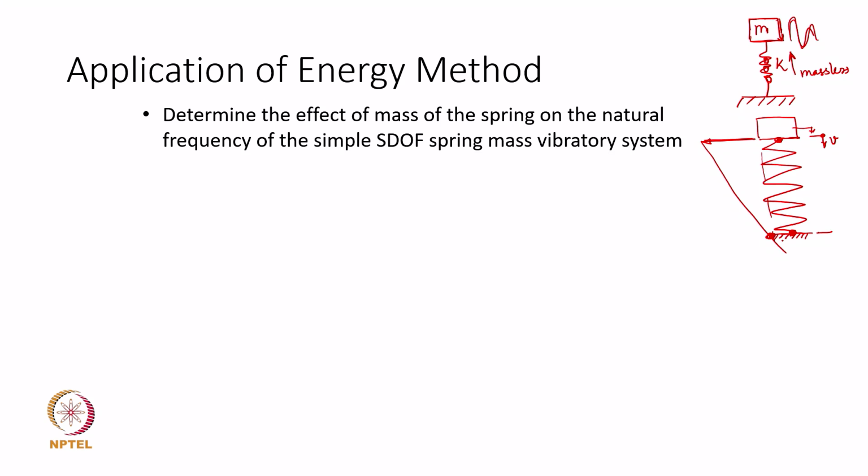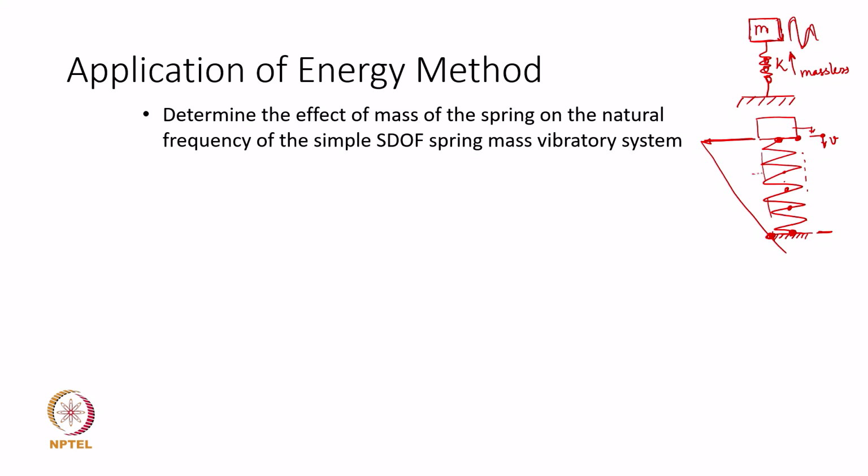So, we can assume a linear displacement profile, which means that if the displacement here is 1 unit, it will keep gradually reducing. Each of these individual spring elements will have a displacement linearly related to its position from the fixed point.